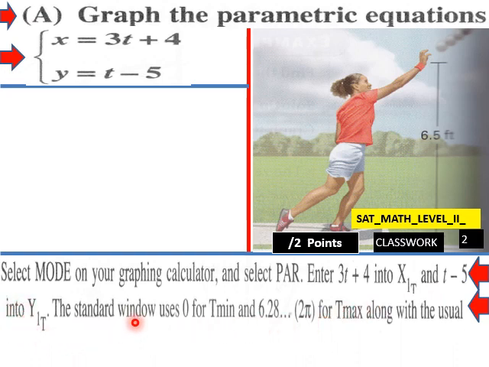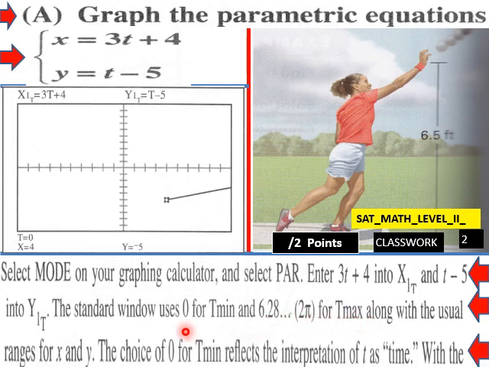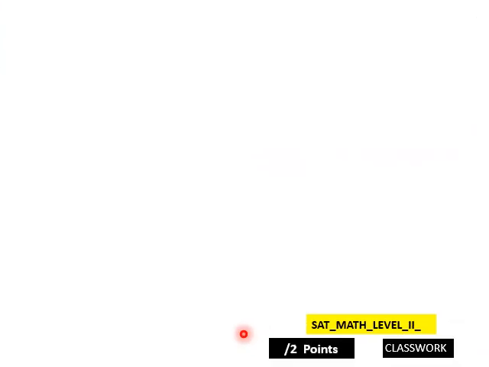The standard window uses 0 for t min and 6.28, or 2 pi, for t max, along with the usual ranges for x and y. The choice of 0 for t min reflects the interpretation of t as time. So here would be our graph, with x1t equal to 3t plus 4 and y1t equal to t minus 5.